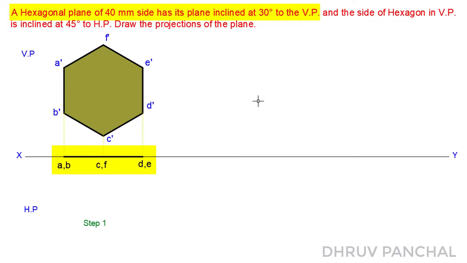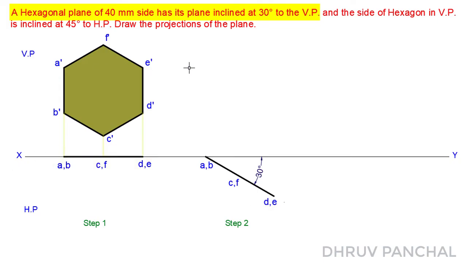In step 2, we will consider plane inclination with the vertical plane. So, we will draw the top view of step 1 at an angle of 30 degrees in step 2. For that, mark point AB on line XY and from that point draw a line at an angle of 30 degrees and mark points CF and DE as shown.